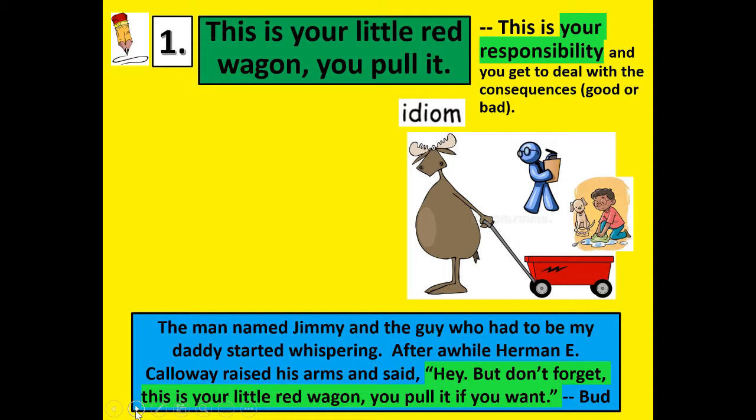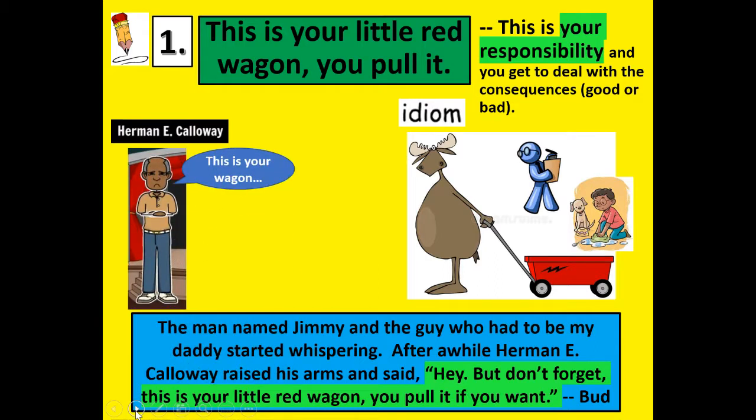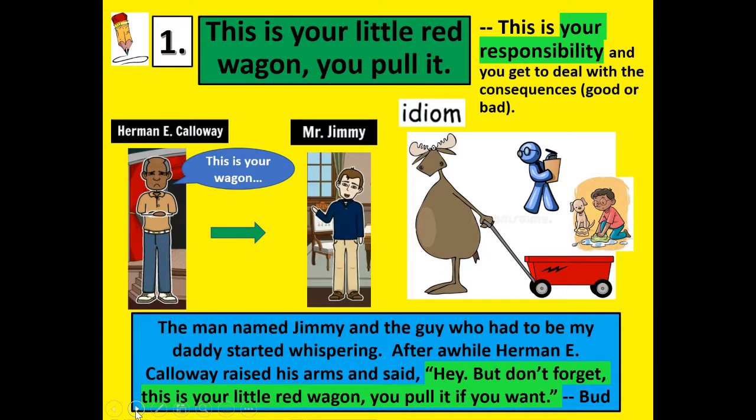After a while, Herman E. Calloway raised his arms and said, "Hey, but don't forget, this is your little red wagon. You pull it if you want." So Herman E. Calloway said to Jimmy, "This is your little red wagon," meaning this is your responsibility and you get to deal with the consequences, whether they're good consequences or bad.